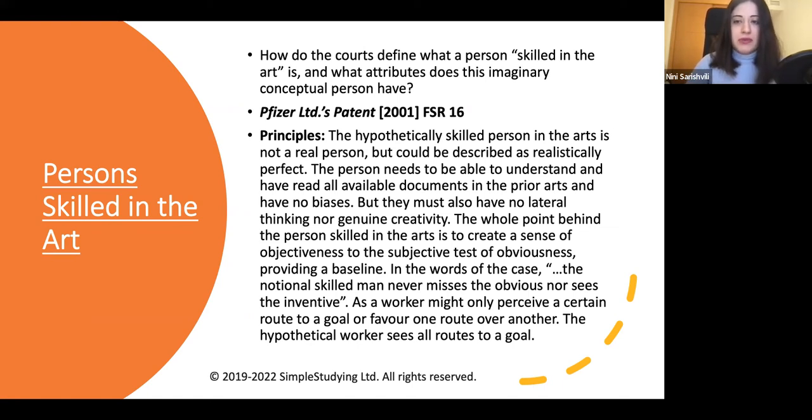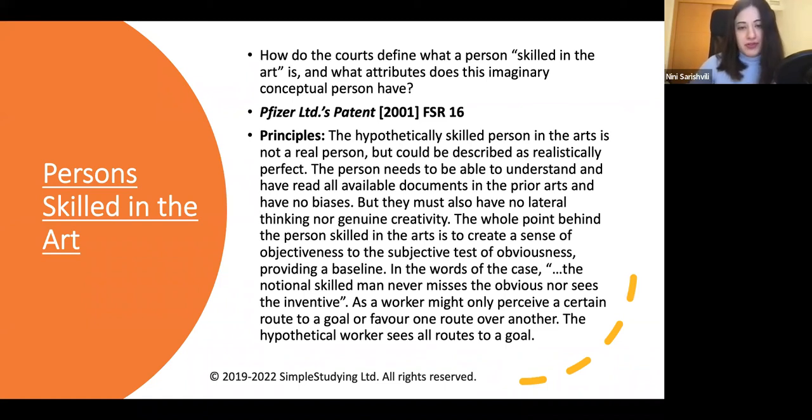The person needs to be able to understand and have read all available documents in the prior arts and have no biases. So someone hypothetical who is impartial, has all the relevant knowledge, does not have any biases, should be able to decide that this is an invention and it should be obvious. It should not be hard to see.